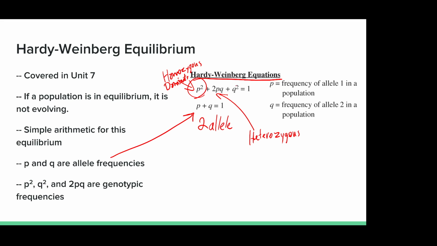And q squared, perhaps unsurprisingly, is homozygous recessive. The important thing here is that we've covered all three genotypes.